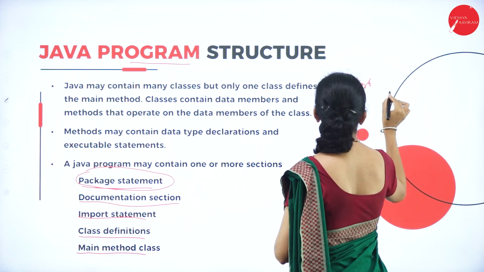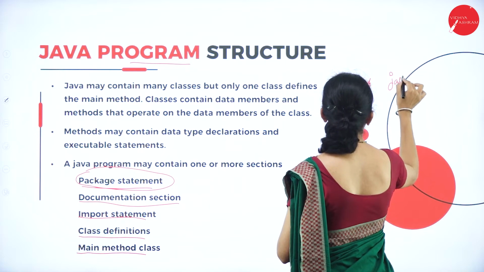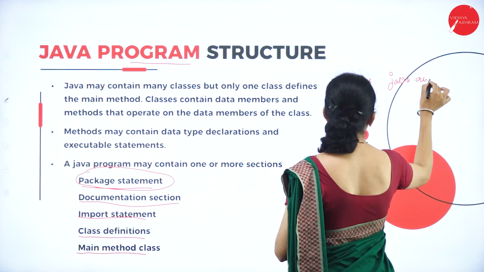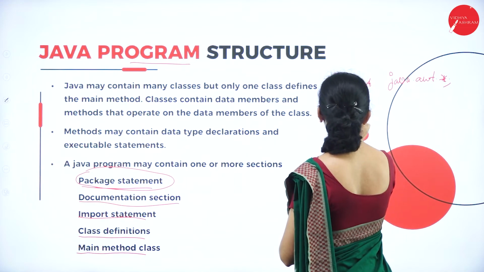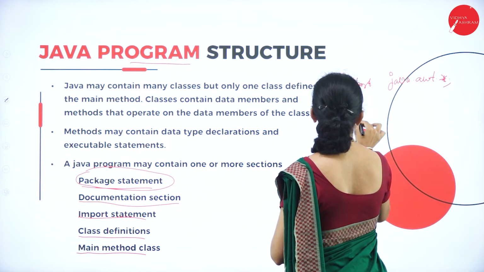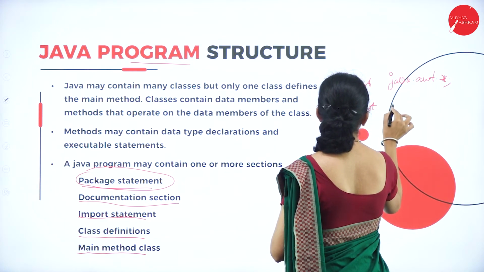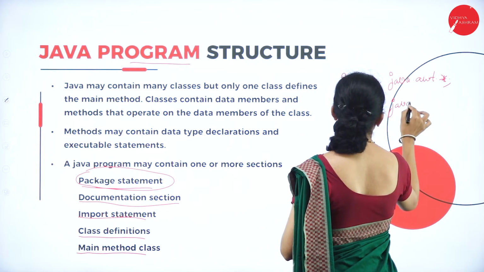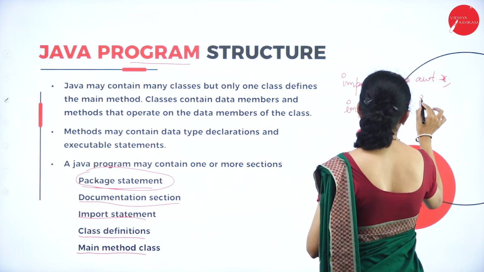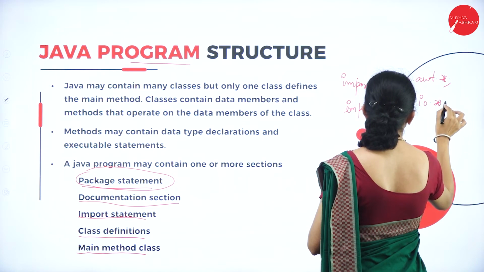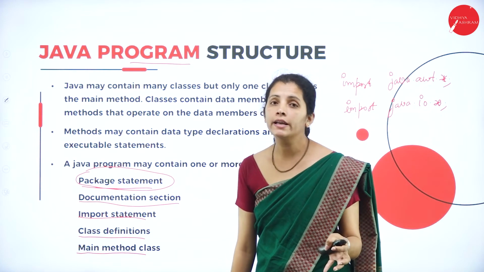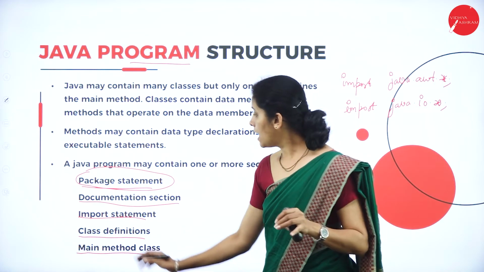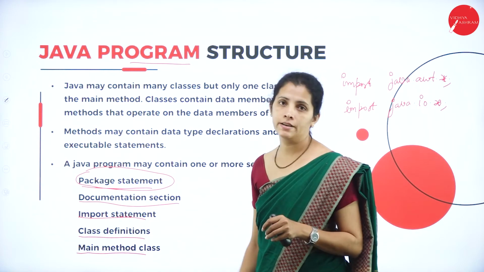import java.awt.*. Okay, then import java.io.*. Fine. Then I'm going to create the class. For that, I have the class definition.